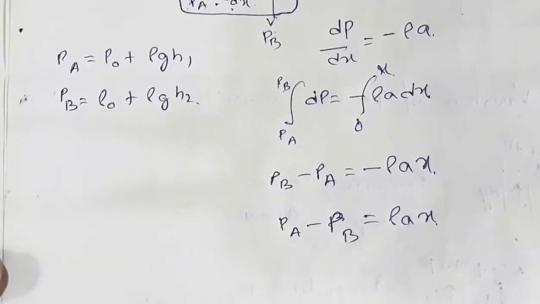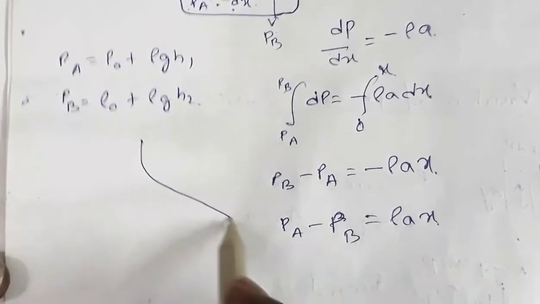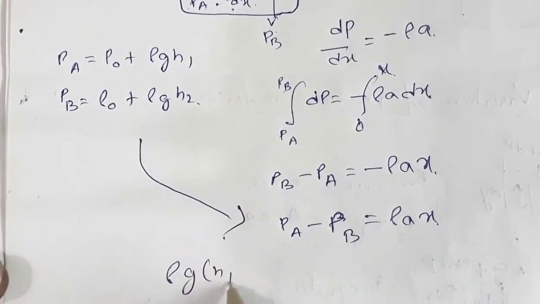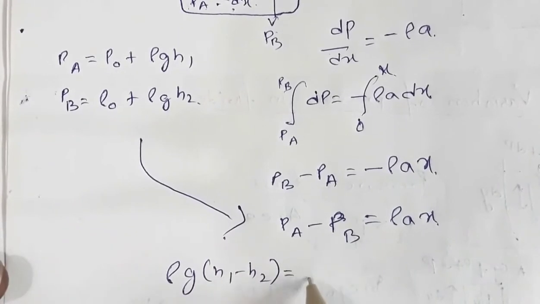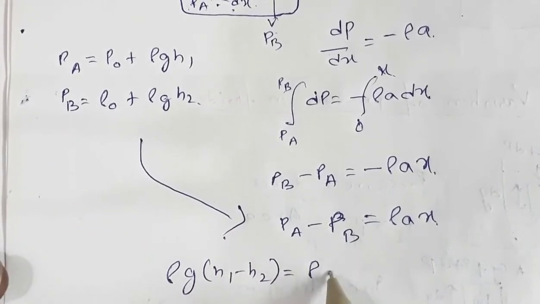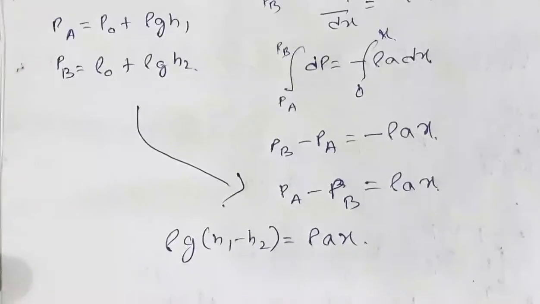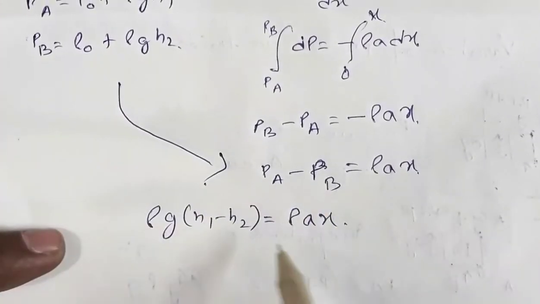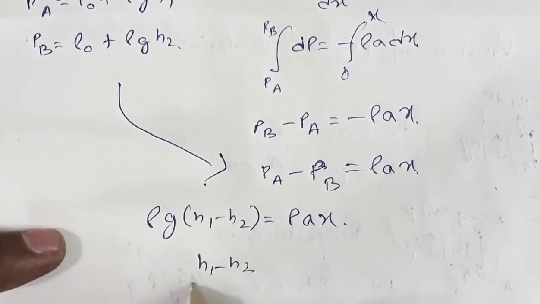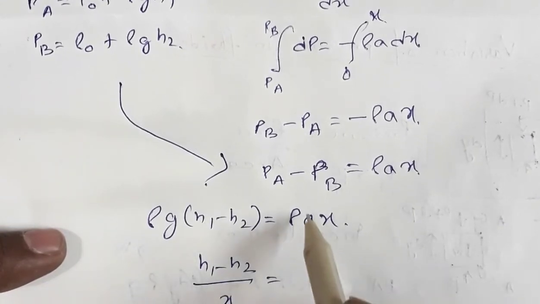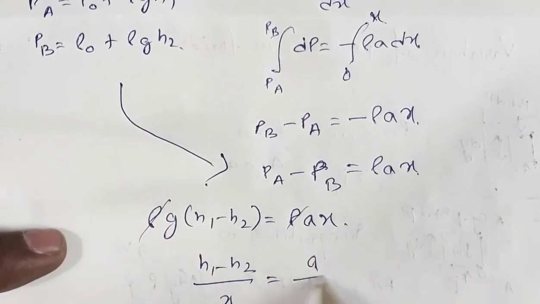If you substitute those values in this equation, we get rho g into H1 minus H2 is equal to rho a x. So that gives H1 minus H2 by x is equal to, this rho cancels out, a by g.